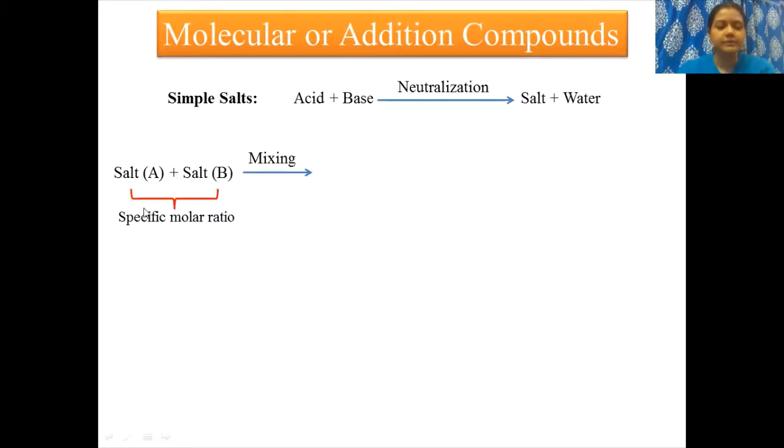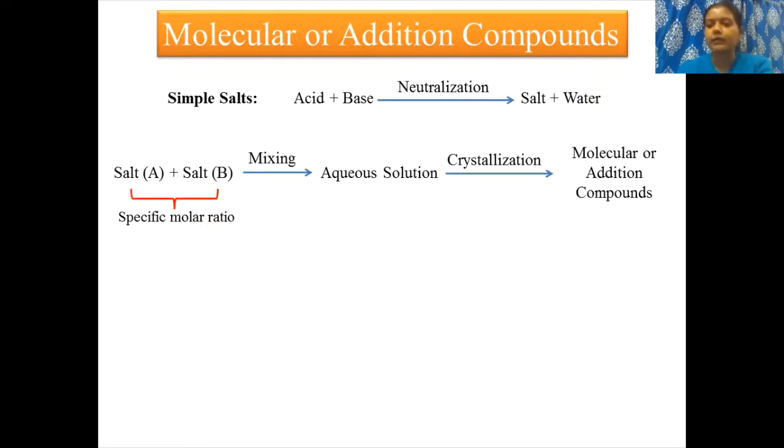The specific molar ratio is very important because if we do not mix in a specific molar ratio, it will give us only a mixture, not a compound. Then the aqueous solution of salt A and salt B is treated for crystallization, and finally we get our molecular or addition compound.